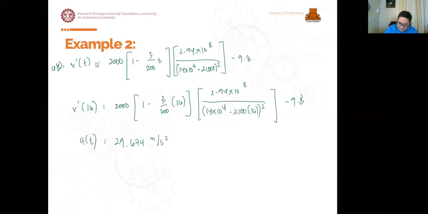Okay, so ito yung exact value natin. Okay? Yan yung answer natin sa letter B.